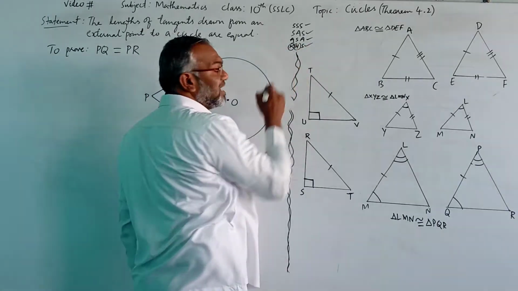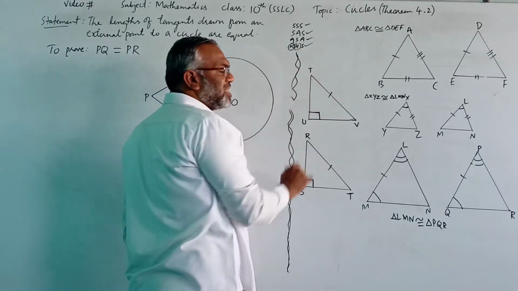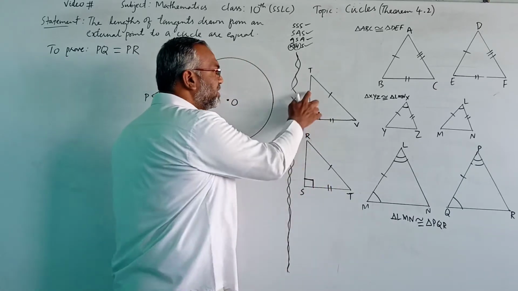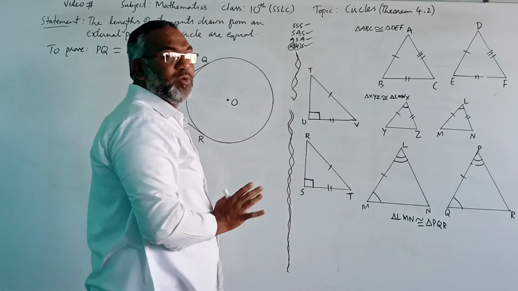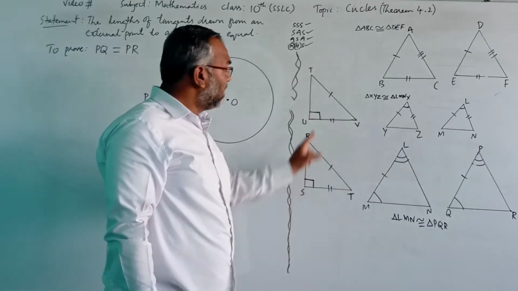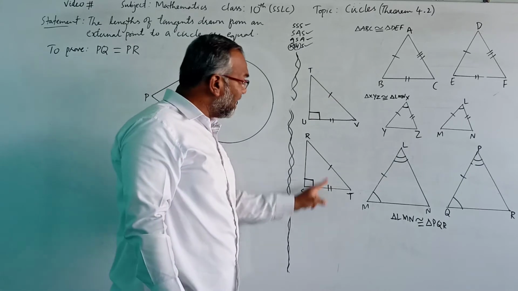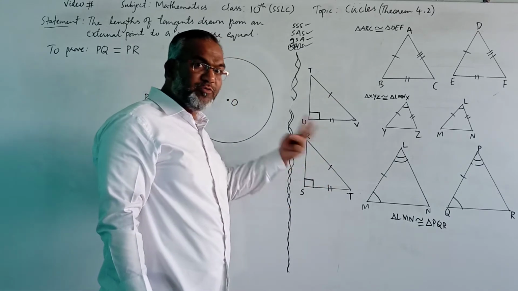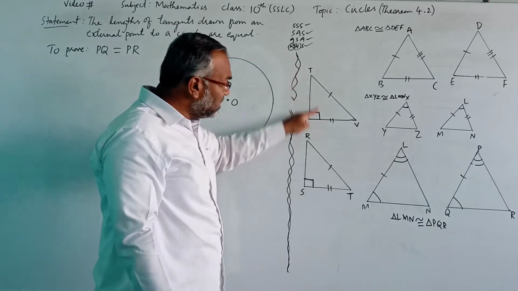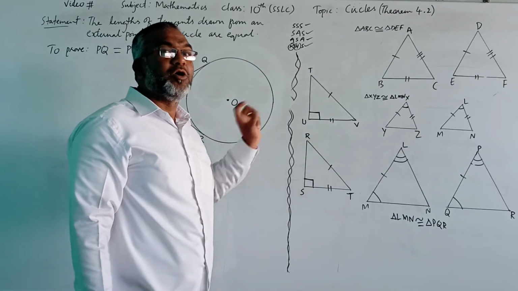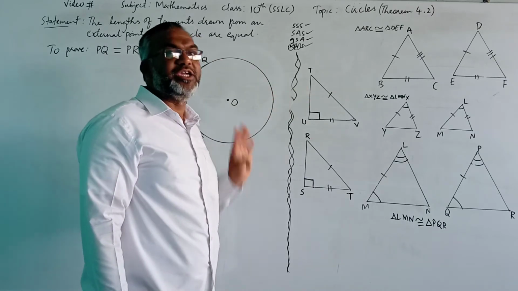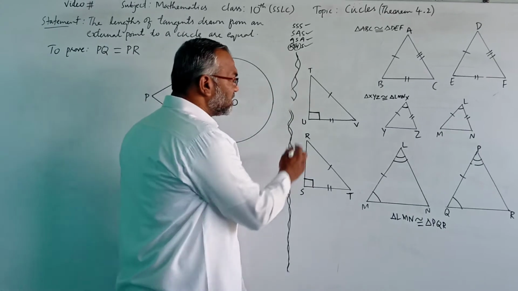And S stands for side. And if any one side, this and this, or maybe this and this are equal. If two triangles have one right angle and their hypotenuse are equal, and any one side out of the remaining two are equal, then according to the RHS postulate, these two triangles also become congruent. That means no need to see the other things, they will be definitely equal in length, and the two triangles become congruent.